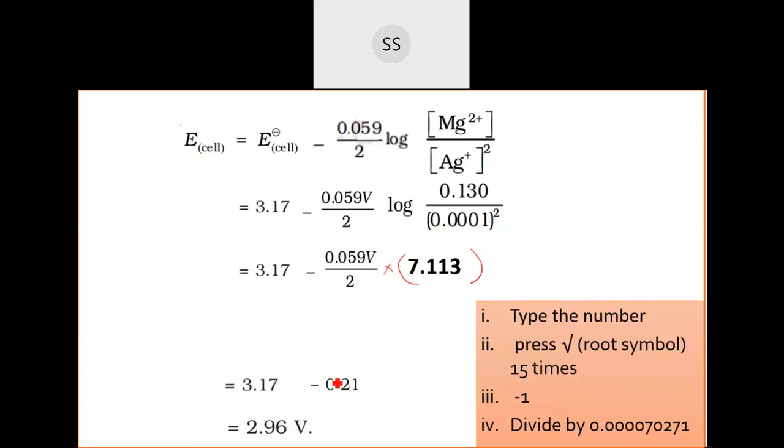And the final value after subtraction is 2.96. Students, just let me know whether you have got it. Okay, fine. I hope you have got it. So 2.96 volt, correct. Very good.